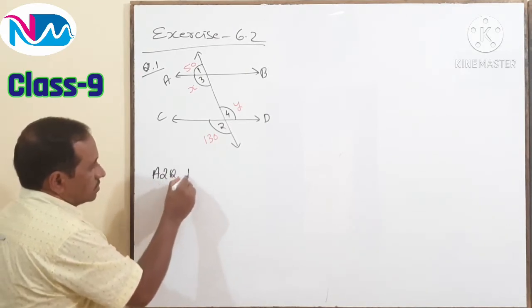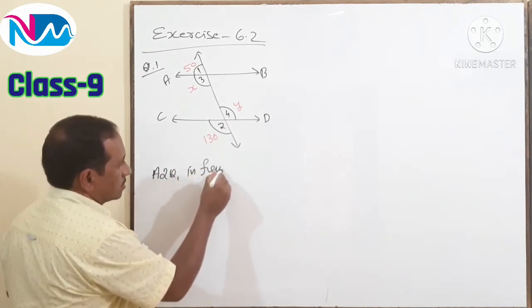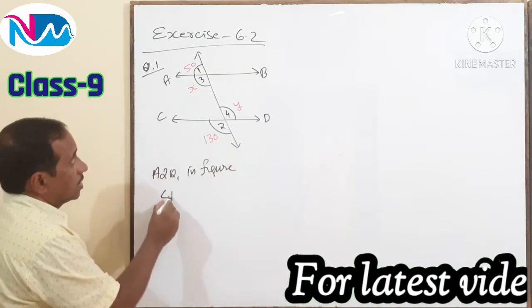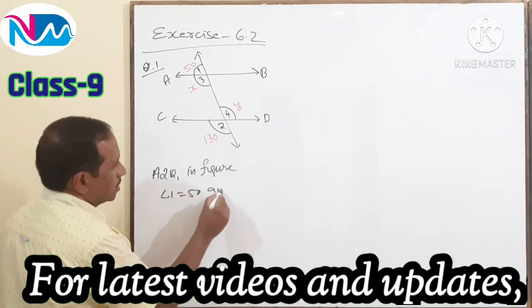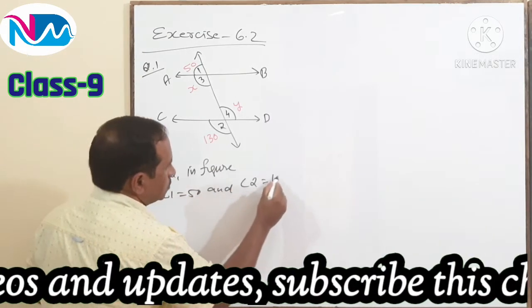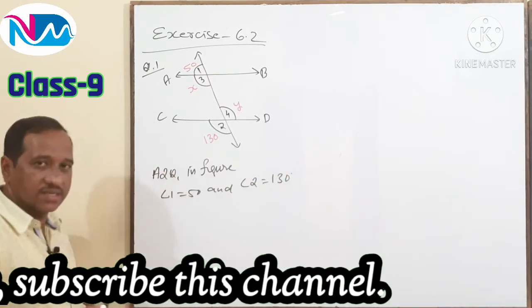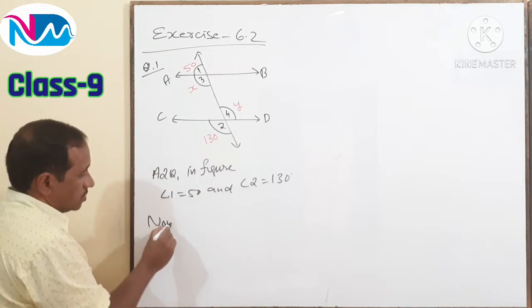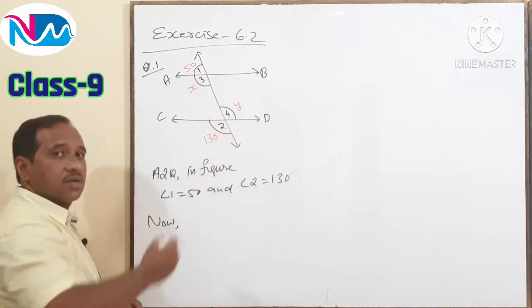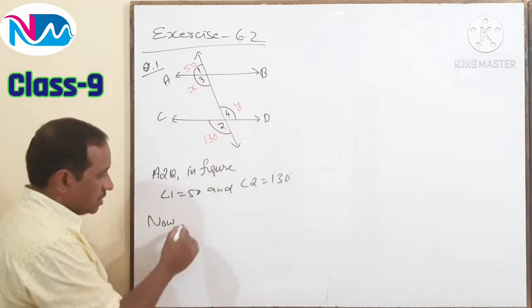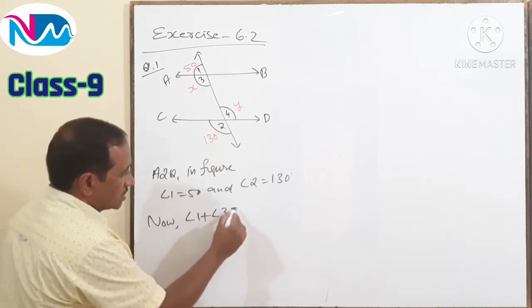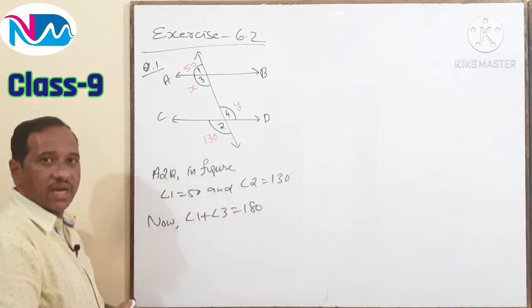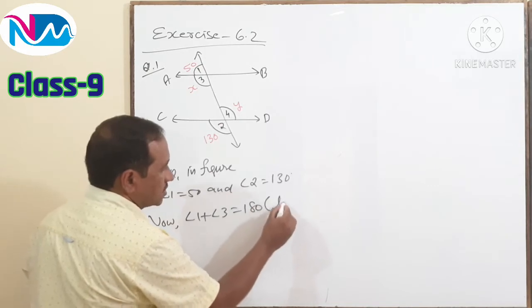According to the question, in the figure, angle 1 is equal to 50 and angle 2 is equal to 130. Now, angle 1 and angle 3 form a linear pair, so angle 1 plus angle 3 is equal to 180.